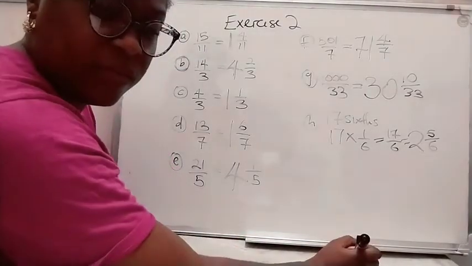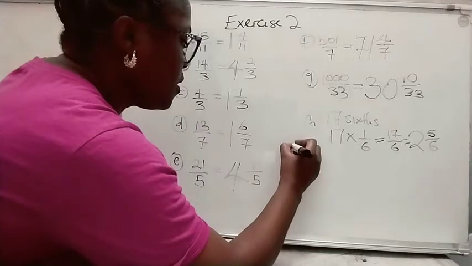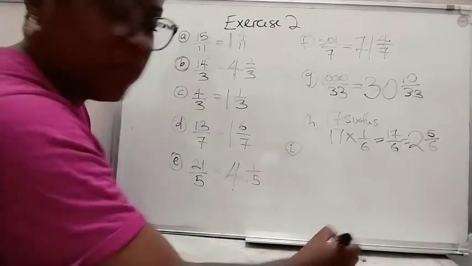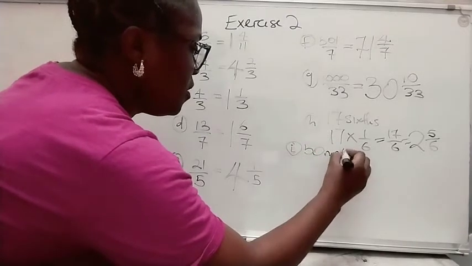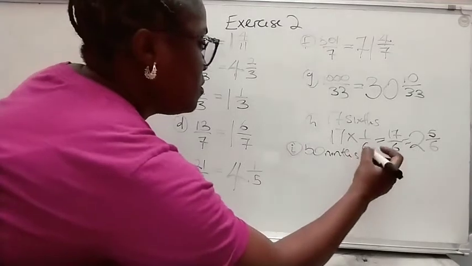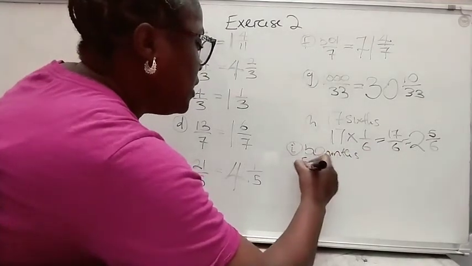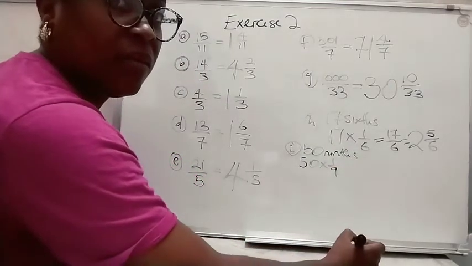Then we have I. I is 50 ninths. So that looks to me like 50 times 1 over 9, right?